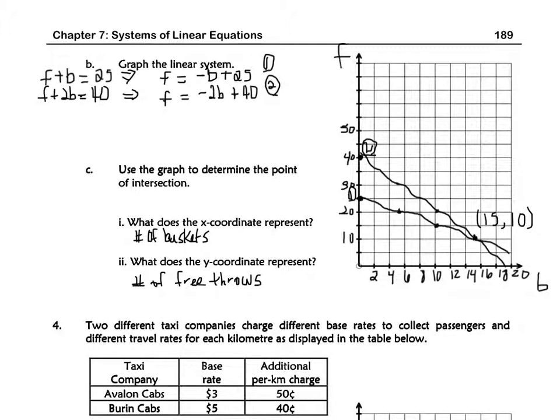So in the game, where he scored 40 points, he got 15 baskets and 10 free throws to score the 40 points in a total of 25 shots. So just write 15 here and 10 here.